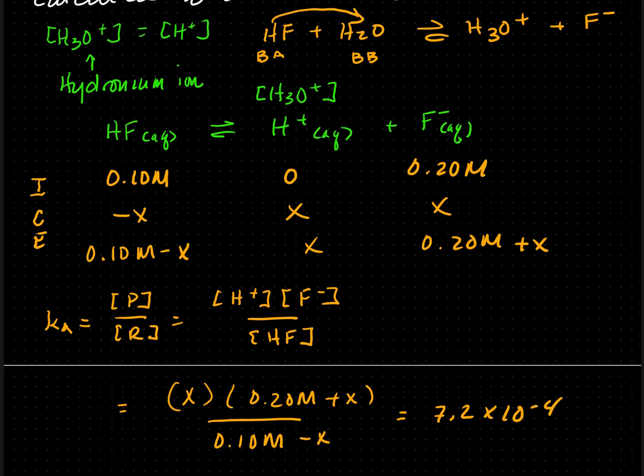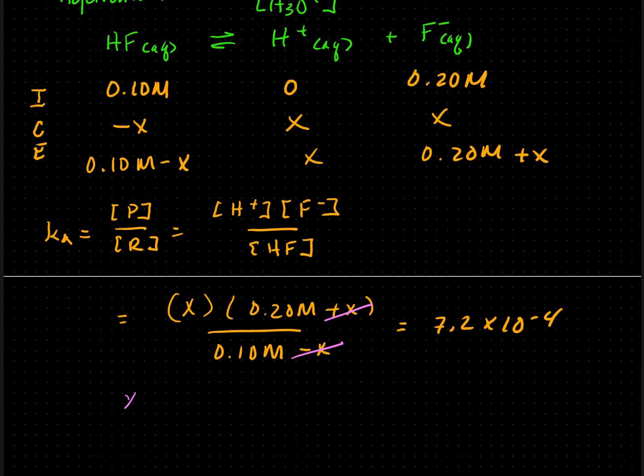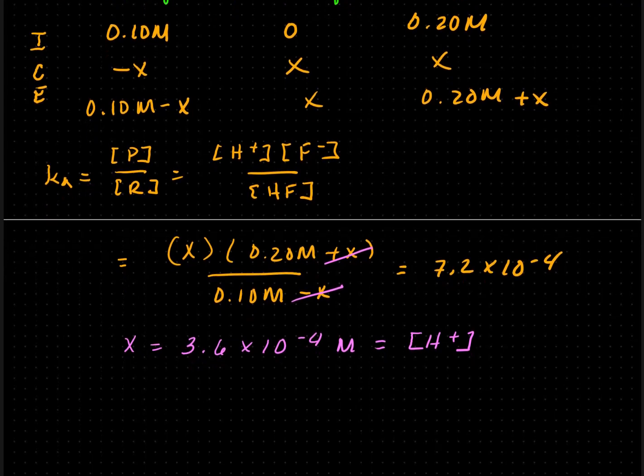So I'm going to assume the 5% rule. Therefore, this approaches 0, this approaches 0. Solving for X, X is equal to 3.6 times 10 to the negative fourth molar. This is equal to the H plus concentration. To determine the percent ionized, it is going to be the H plus concentration divided by the initial concentration of HF, times 100.